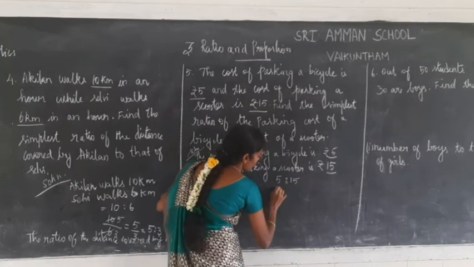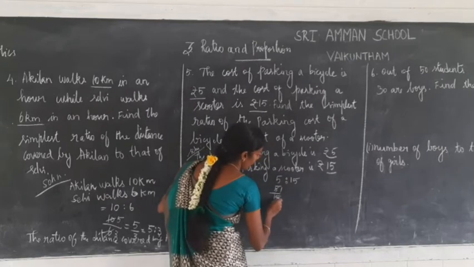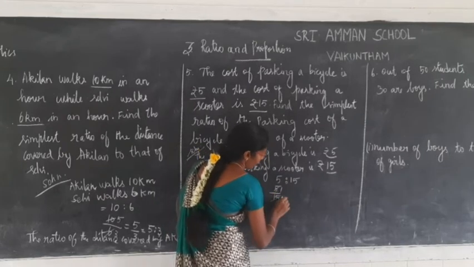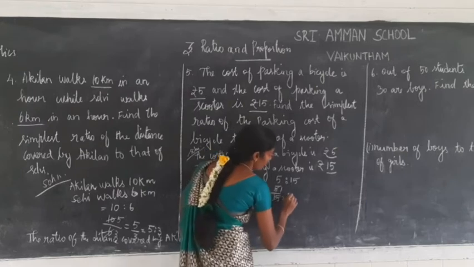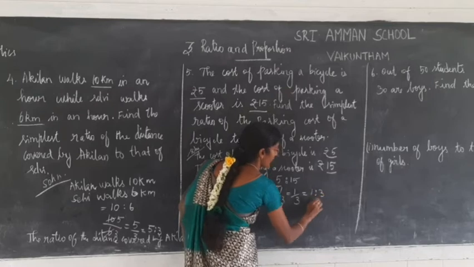So how will you write the ratio? 5:15. For this we have to find the simplified form. 5 divided by 15. 1 5 is 5, so it comes under the fifth table. 3 5s are 15. So how will you write? 1/3, which is equal to 1:3.